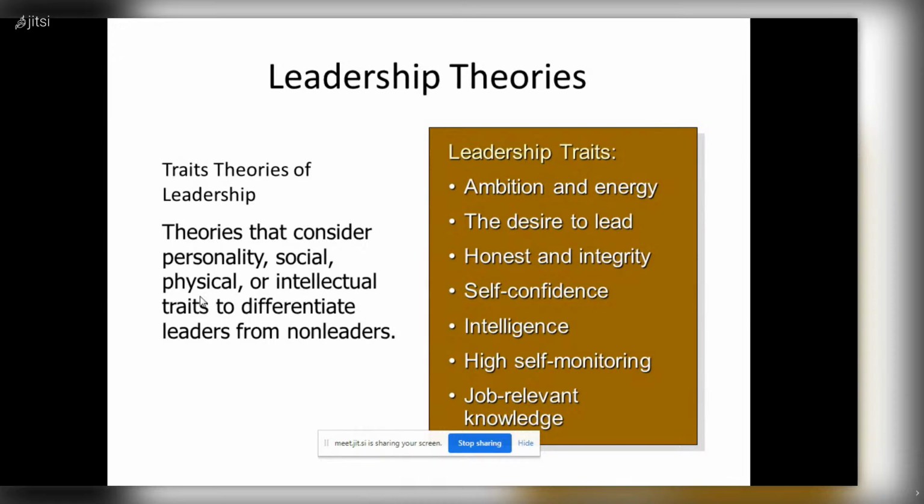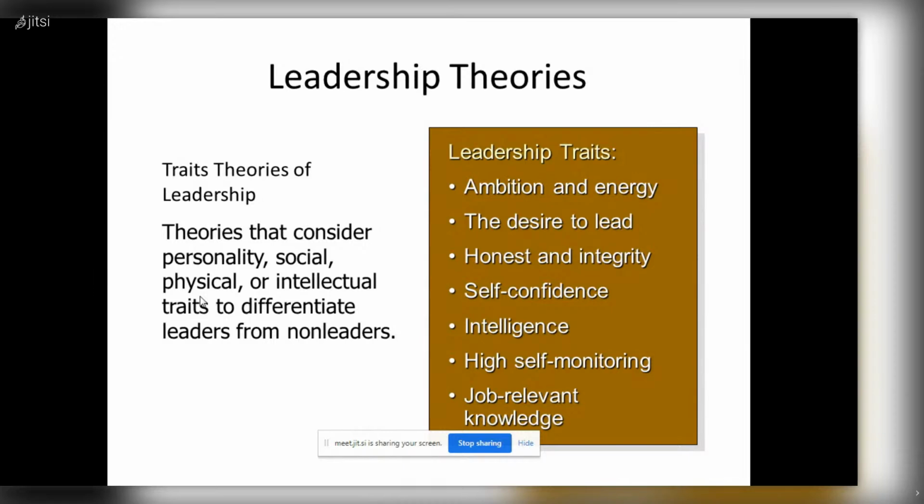Desire to lead: leaders have a strong desire to influence and lead others. They demonstrate the willingness to take responsibility. Honesty and integrity: leaders build trusting relationships with followers by being truthful or by showing high consistency between word and deed.